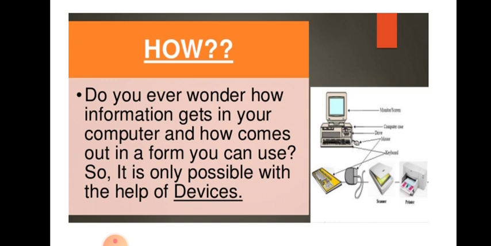Dear children, as you are all familiar with input devices, you know well that input devices are used to enter data into the computer, and output devices are used to display and give the final output.